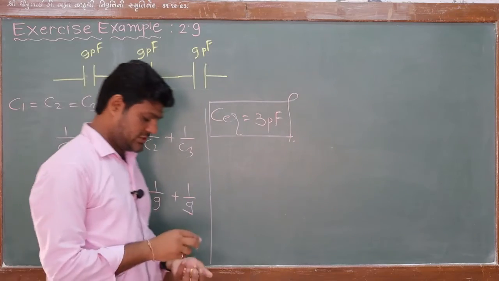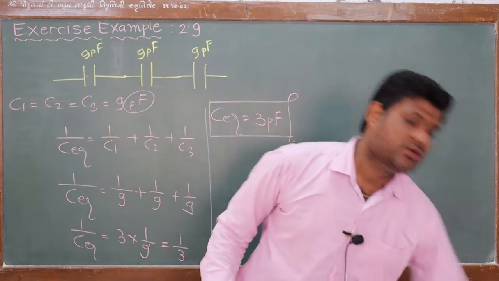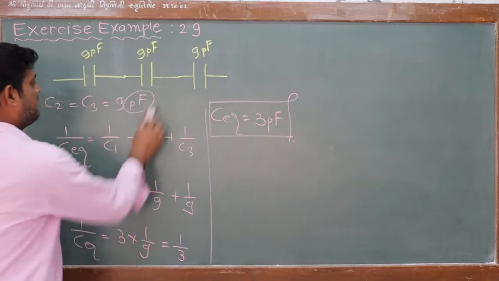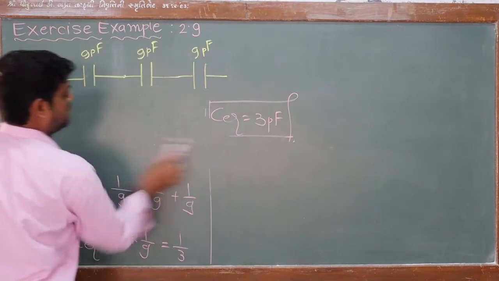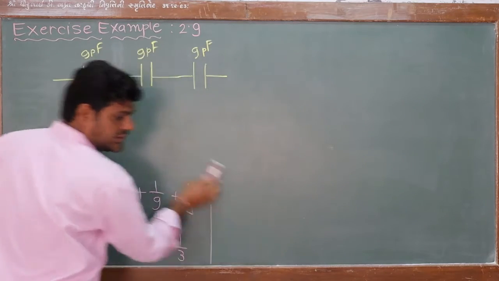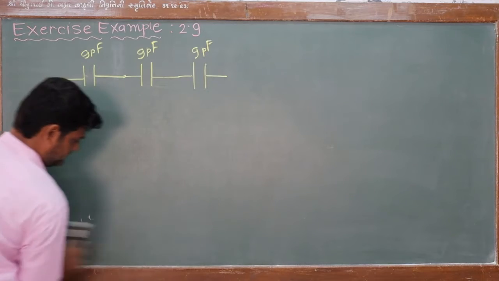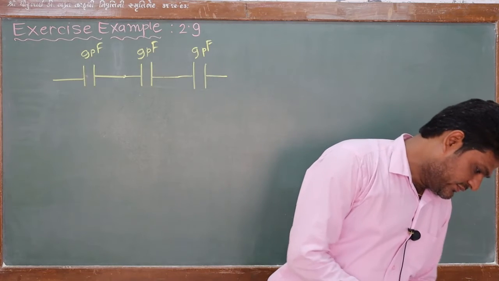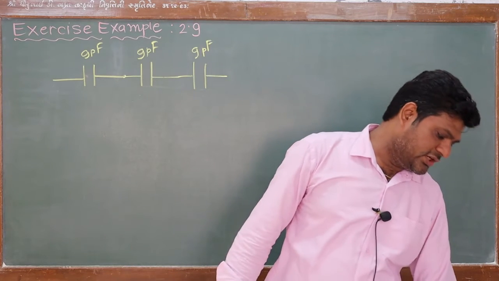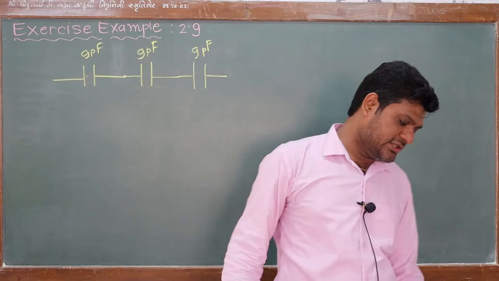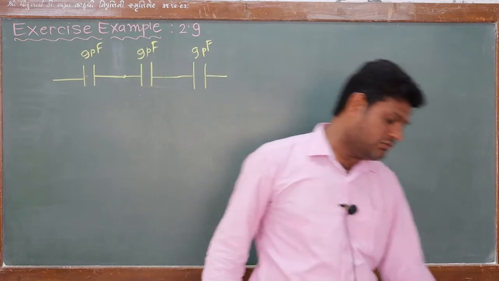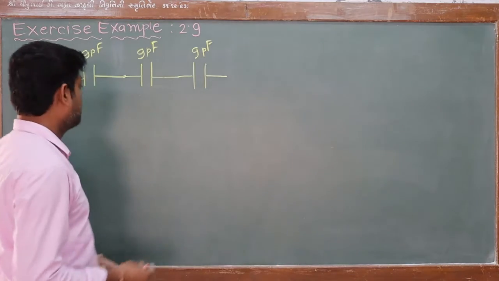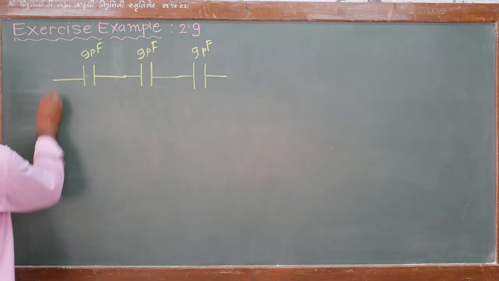Now the next question is, what is the potential drop across each capacitor? That we are going to find out. What is the potential difference across each capacitor if the combination is connected to a 120 volt supply?